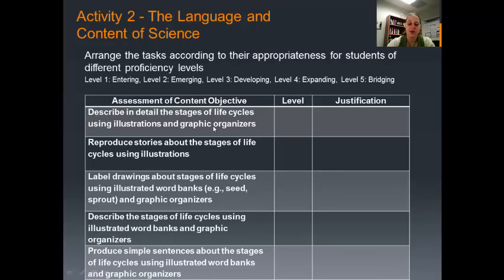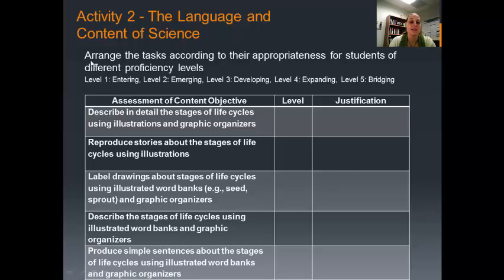Okay, so let's get into our second activity, and what this is are a list of content objectives that represent different levels of proficiency for English language learners. Okay, so what I'd like you to do is arrange the tasks according to their appropriateness for students of different proficiency levels.